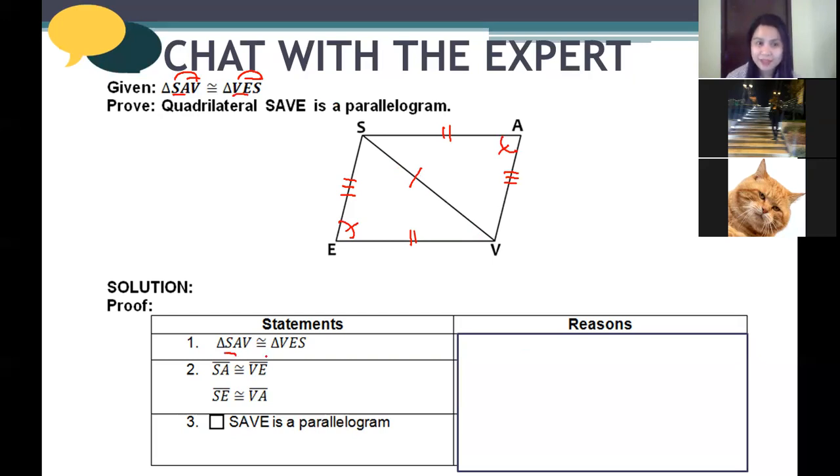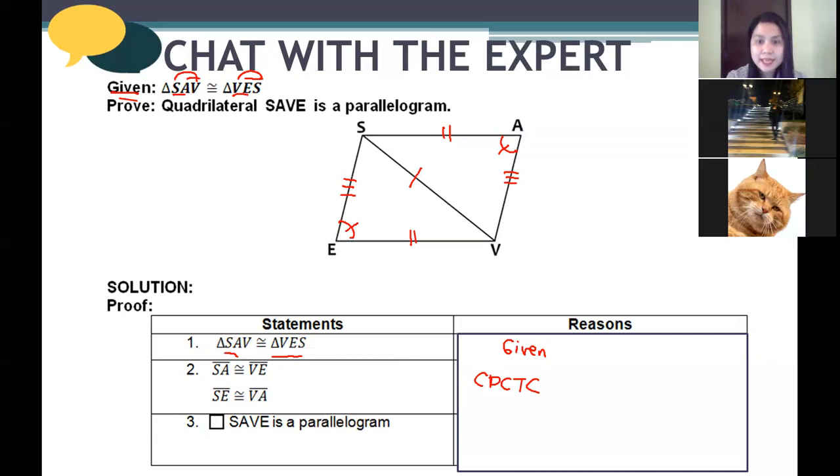Now let's have the statements. Triangle SAV is congruent to triangle VES. The reason, that is our given. Next, because they are equal, SA is congruent to VE and SE is congruent to AV. The reason, hope you can still remember, CPCTC. What do you mean by CPCTC? Let me type in the chat box.